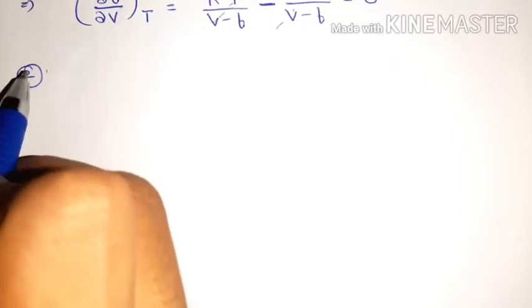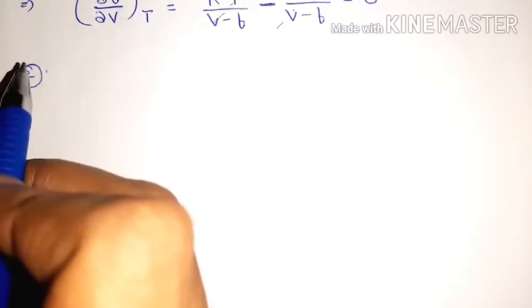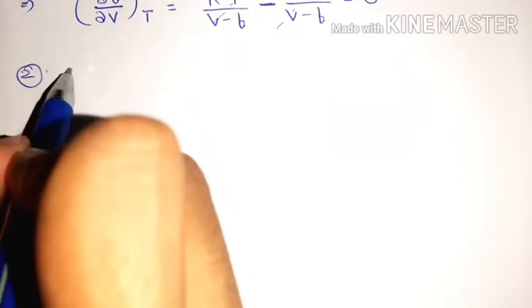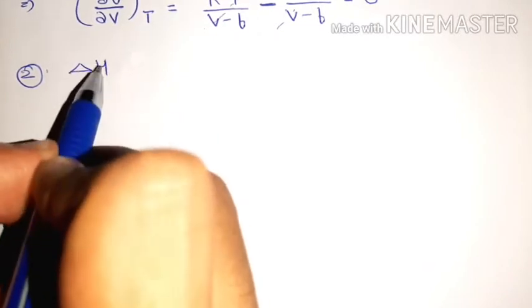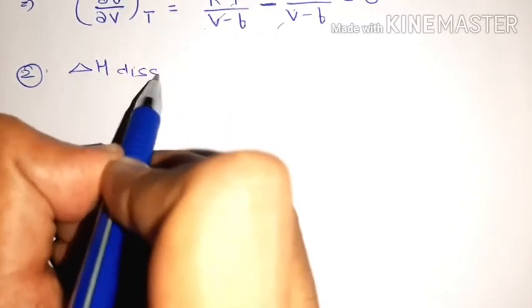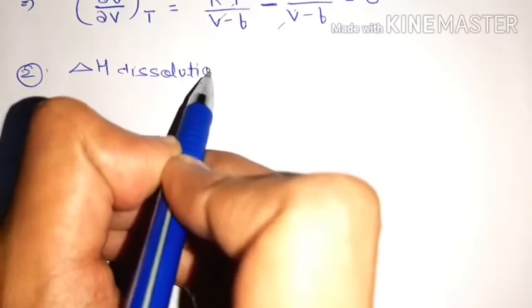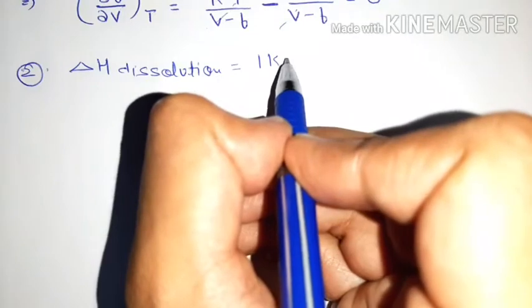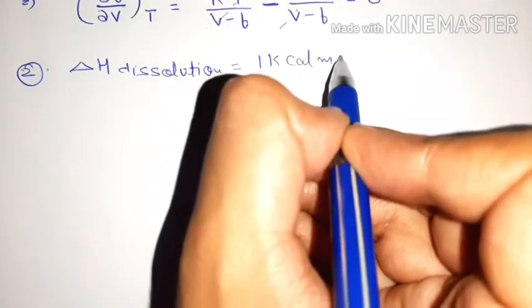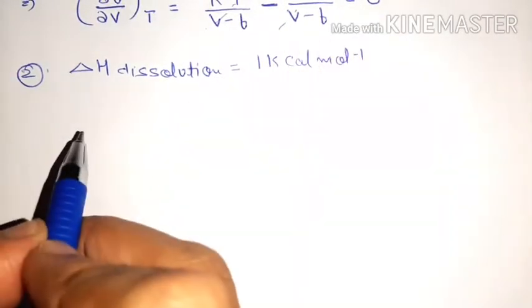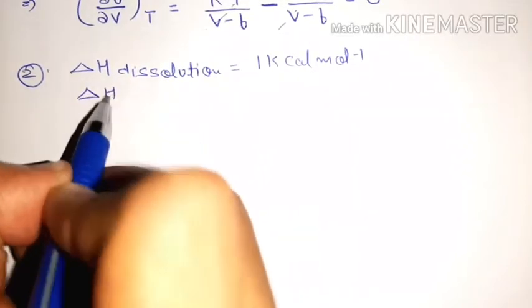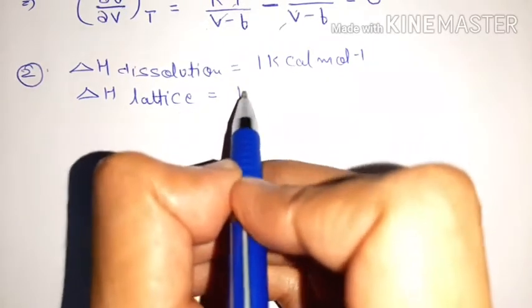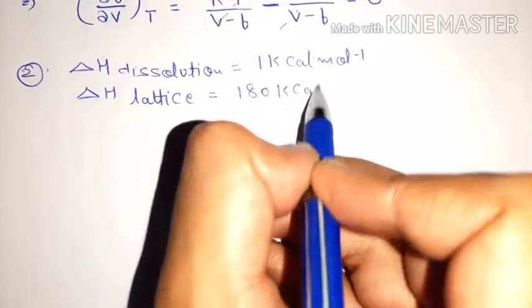Now first of all, we have values of dissolution enthalpy and lattice enthalpy. In the question we have delta H of dissolution, and the value of dissolution enthalpy is 1 kilocalorie per mole. Also we have a value of lattice enthalpy, delta H lattice, and the lattice enthalpy value is 180 kilocalorie per mole.